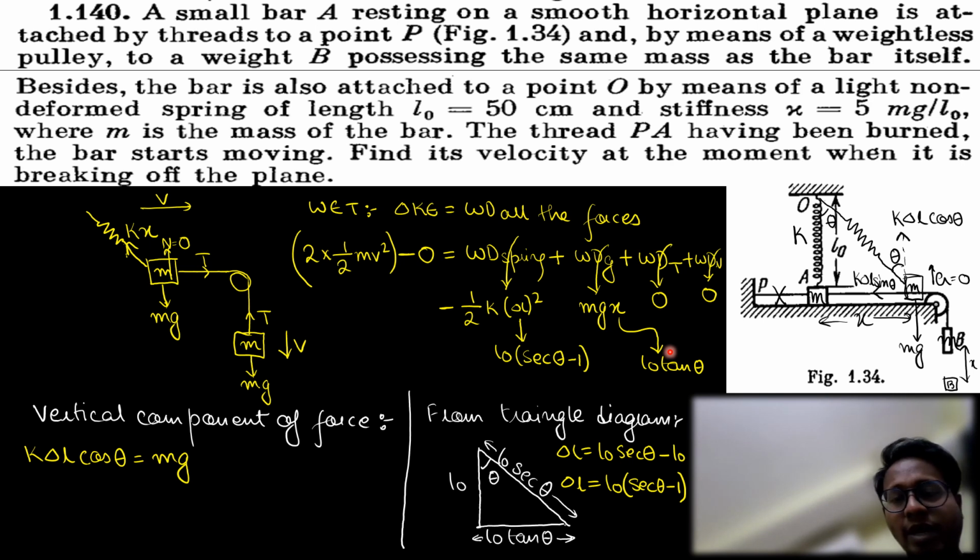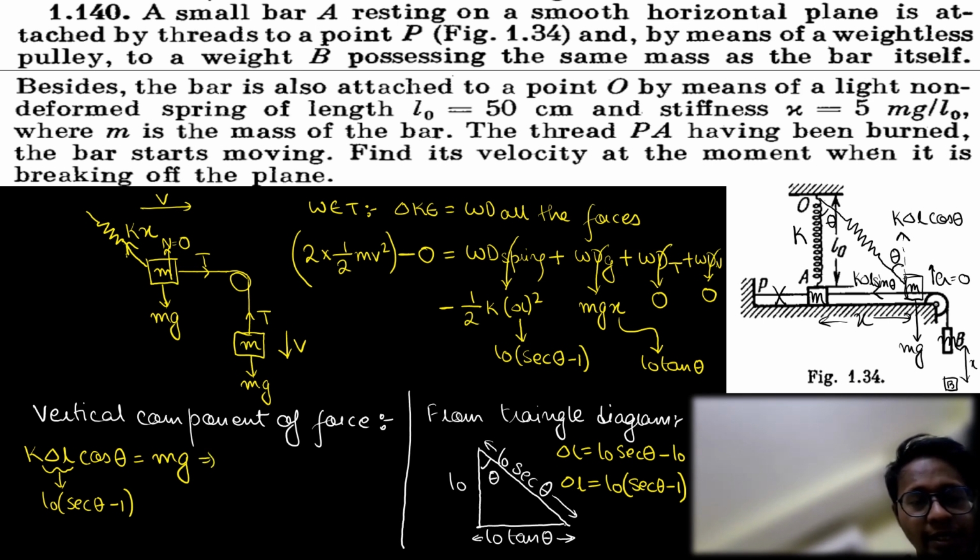So out here I got L naught tan theta, out here I got L naught sec theta, and I need to find out delta L. So delta L is nothing but L naught sec theta minus 1. Now if I rewrite this equation in proper manner, I'll get K into L naught sec theta minus 1, which is nothing but delta L, into cos theta is equal to mg.